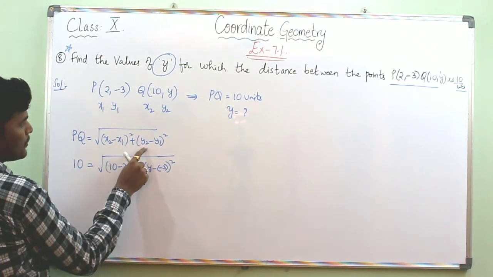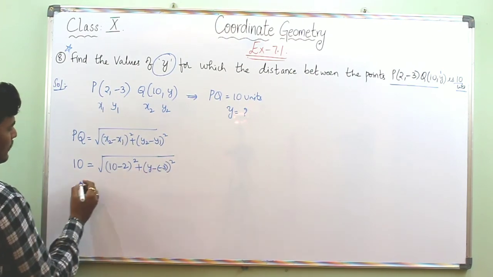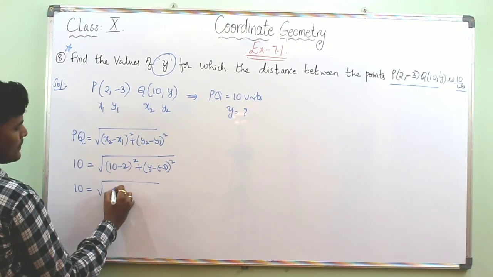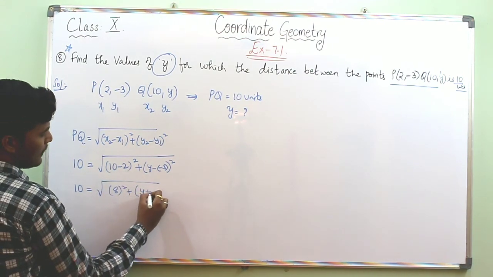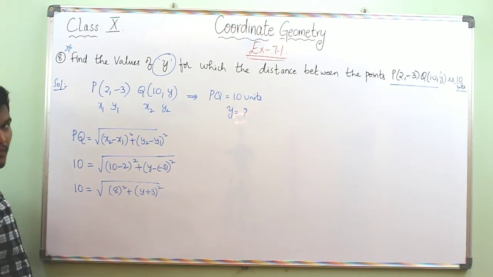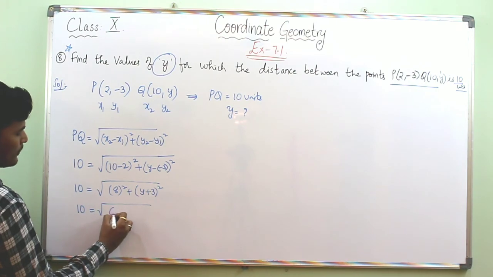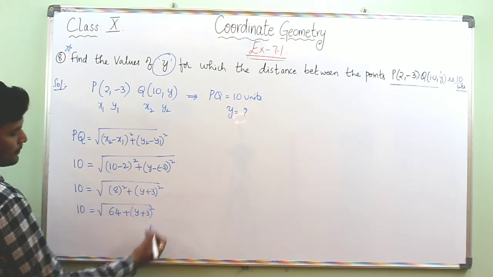I have substituted y2 as y minus of minus 3. Now 10 is equal to square root of 10 minus 2 is 8 square plus (y plus 3) whole square. So now it will become 10 is equal to square root of 64 plus (y plus 3) whole square.